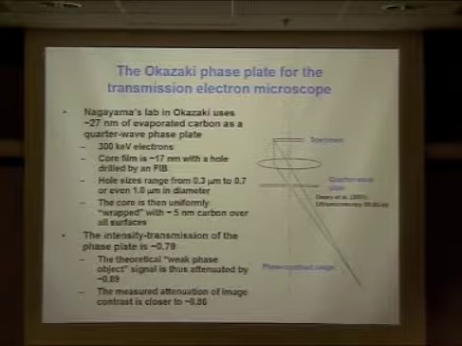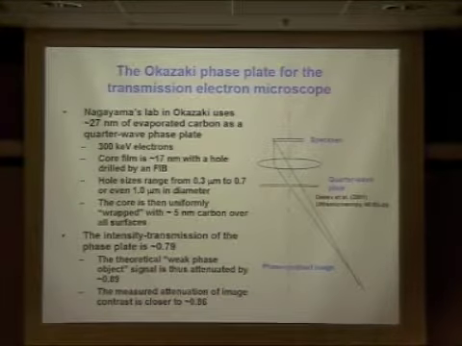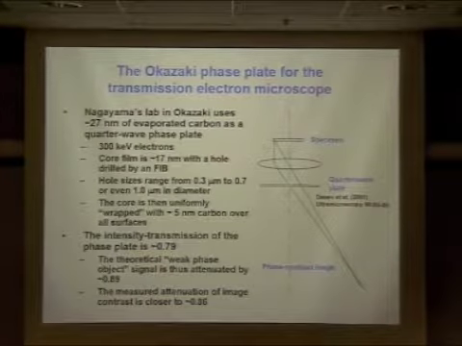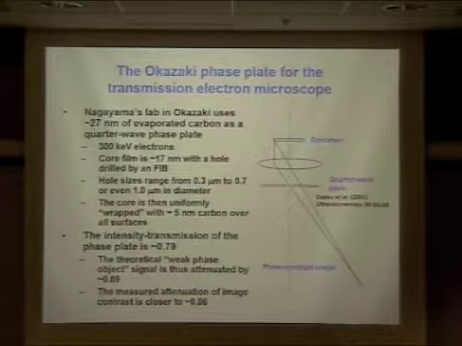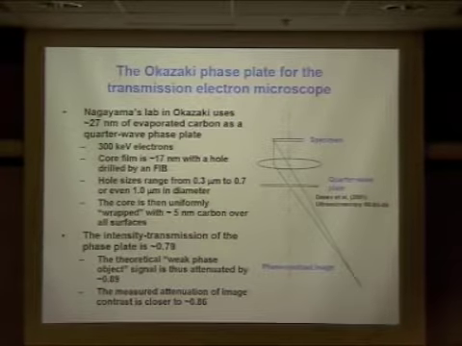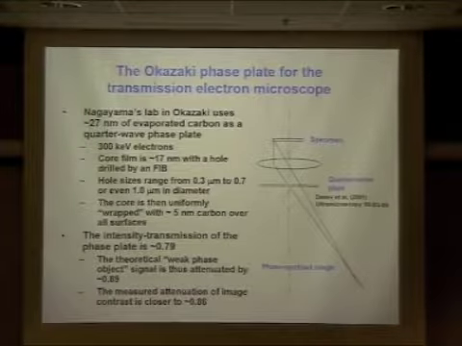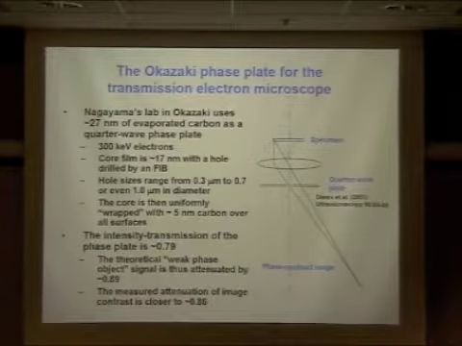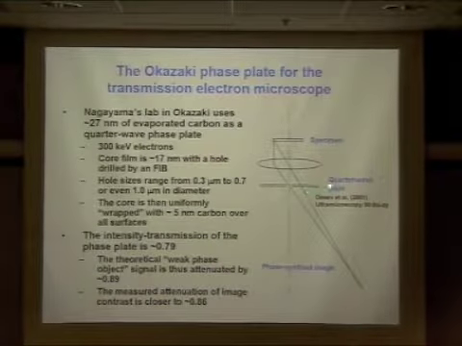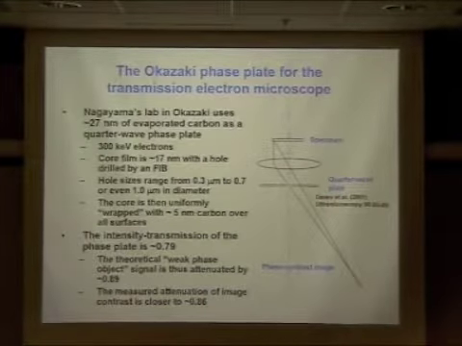In Okazaki, Kuniaki Nagayama and Radostin Danev have been working on this idea for more than 10 years. They actually have a successful device, and as Barbara told you, you can buy it from JEOL now. It's a commercially available microscope that has a quarter wave plate for electrons.